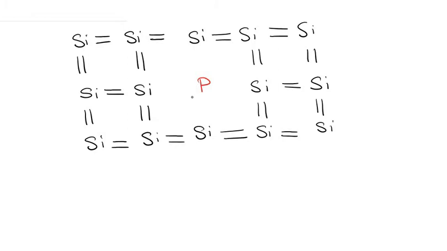So one phosphorus atom is sitting in between all these silicon atoms, and whenever I talk about doping, this doesn't basically mean that you introduce a lot of impurities into semiconductors. Okay, so the maximum limit of impurity that you can introduce in semiconductors is around 1 or 2%.